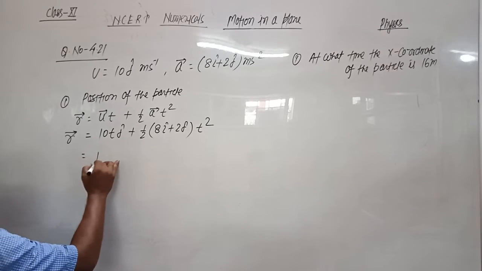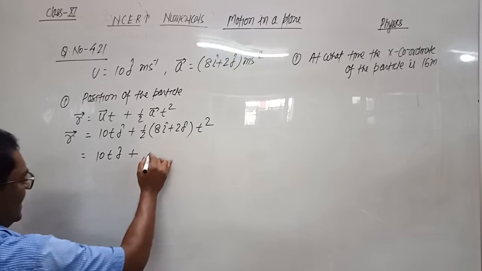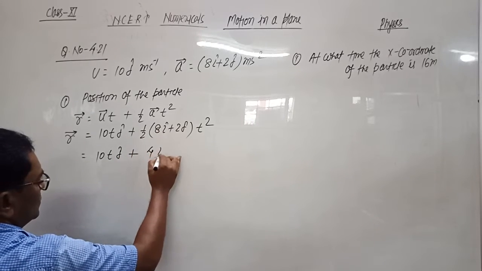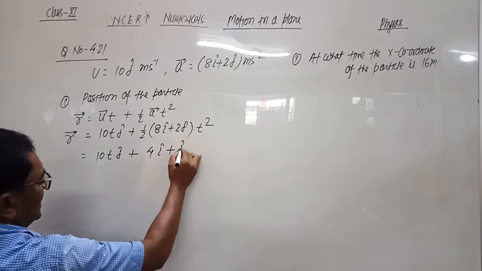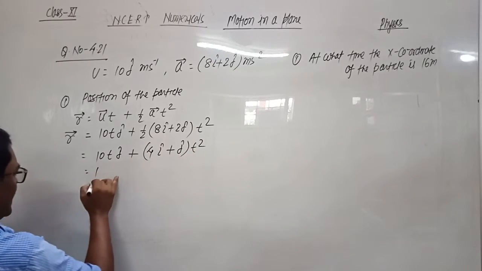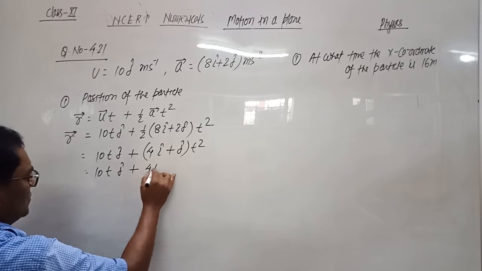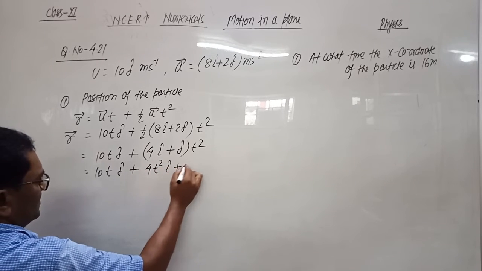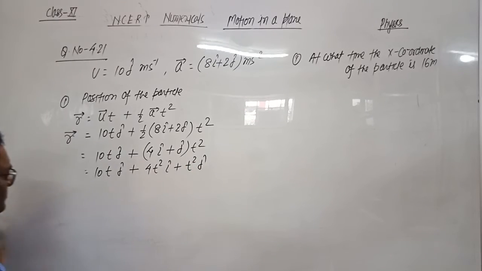Now solve this. 10t j cap plus, 8 divided by 2 we get 4, and 2 divided by 2 gets cancelled, j and t square. So this becomes 10t j cap plus 4t square i cap plus t square j cap.